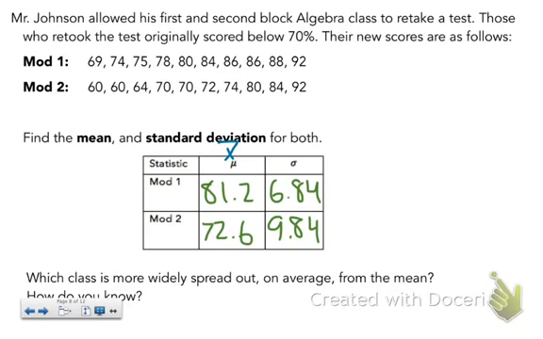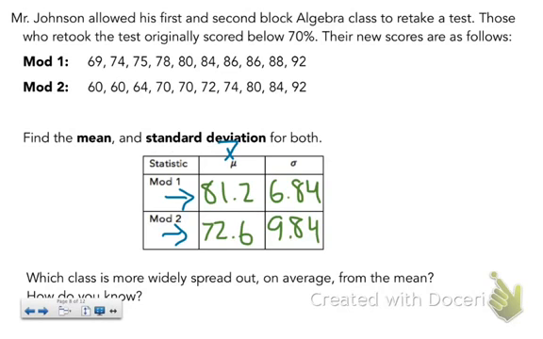So don't forget what that actually means. On average, this class got an 81 with an average of about 7 points away from that score. And the second class had an average of a 72 with about 10 points on average away from that score. So which class is more widely spread out from the mean, and how do you know?